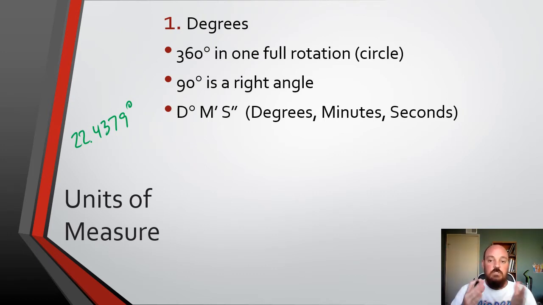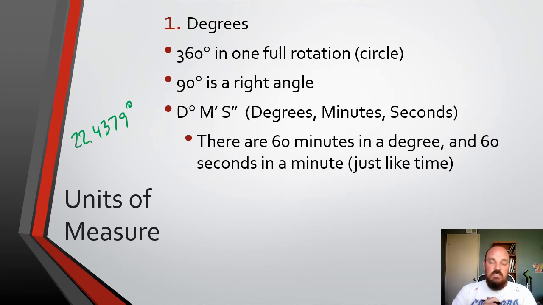You can use what's called degrees, minutes, and seconds. And it basically just shows partial degrees. The way it works is just like time. There are 60 minutes in one full degree and 60 seconds in 1 minute. So basically, the degrees are like an hour, and you have 60 minutes and 60 seconds per minute. And that's a real accurate way to do partial degrees.